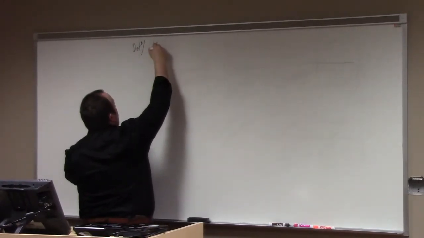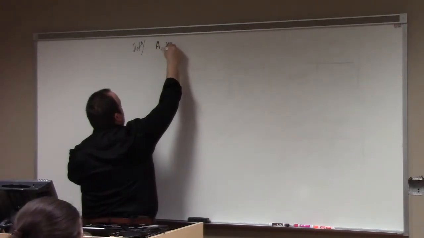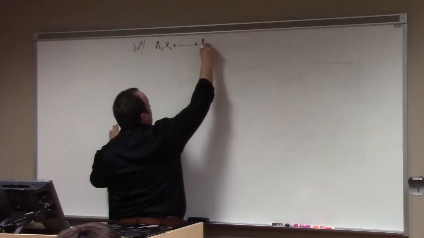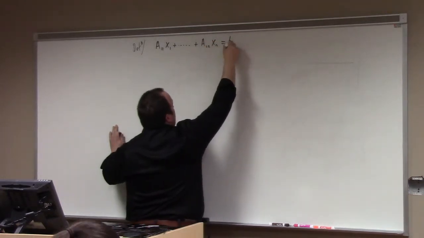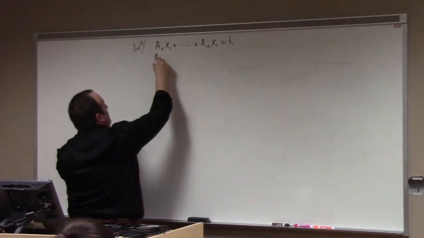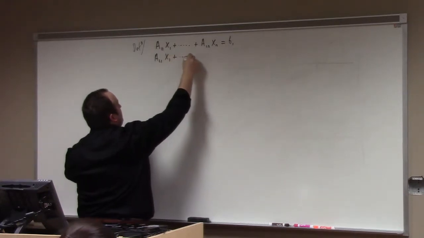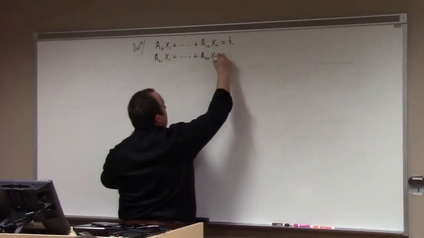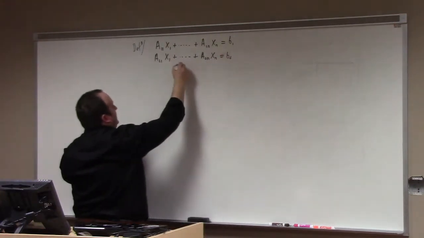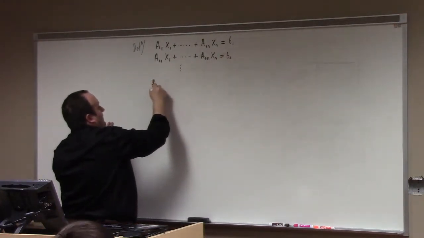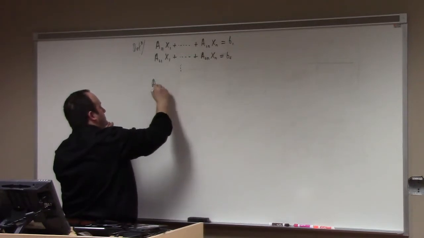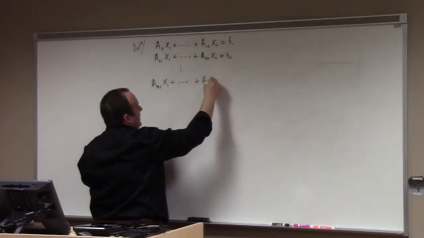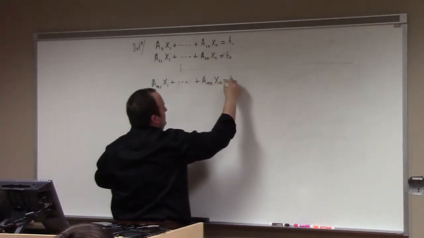If we have a11 x1 plus ... plus a1n xn equals b1, a21 x1 plus ... plus a2n xn equals b2, and so forth and so on, am1 x1 plus ... plus amn xn equals bm.